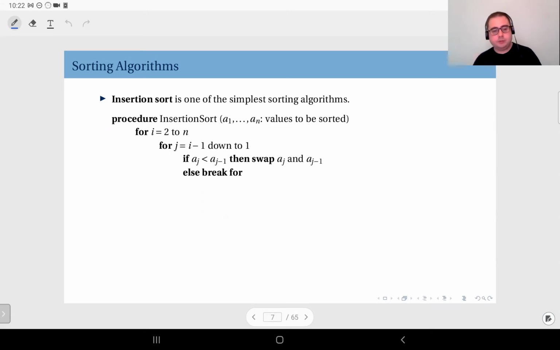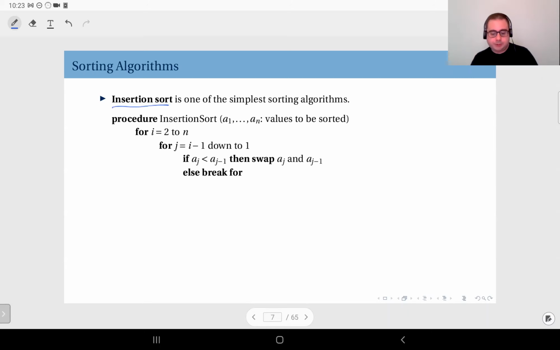One of the simplest sorting algorithms is the insertion sort algorithm. What happens here is that you first make sure that the first positions are sorted, and you do this by iterating backwards.